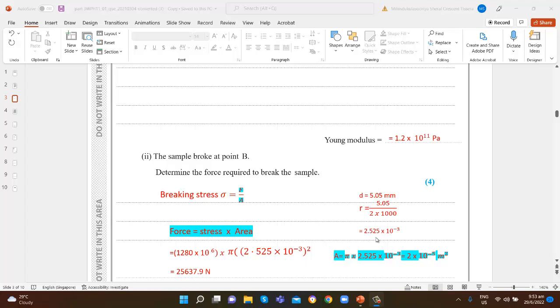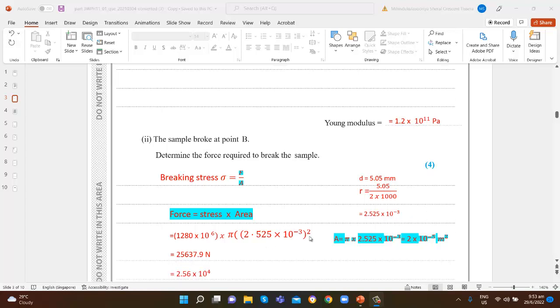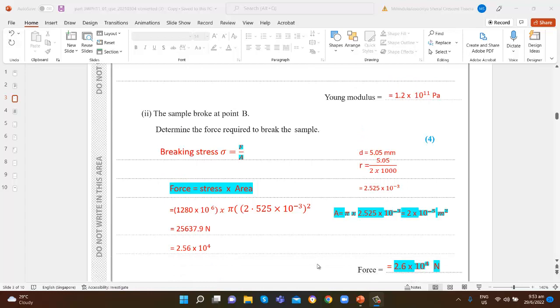Then you get 2.525 into 10 to the power minus 3. That squared, times pi, will give you the area. I have worked it out for you: 2 into 10 to the power minus 5 meter squared. Then you get force as 2.56 into 10 to the power 4. That is in Newton.